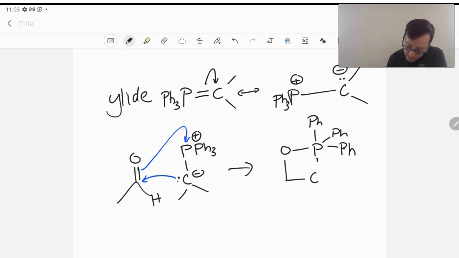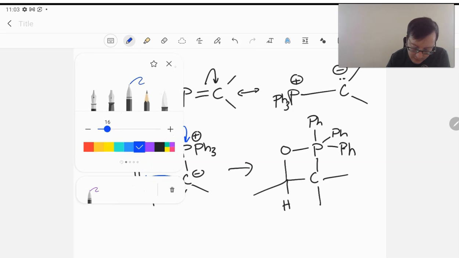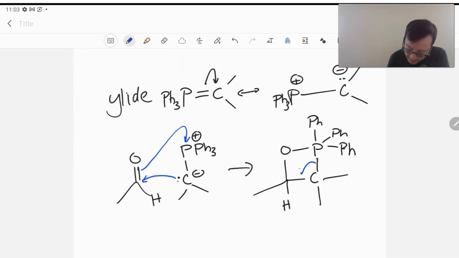We have our carbon here with its 2 methyl groups, and we have our original methyl group and our hydrogen from before. And then the arrows just move the same way again. So we're going to have the phosphorus-carbon bond break, forming a carbon-carbon double bond, and the carbon-oxygen bond breaks, forming a phosphorus-oxygen double bond.